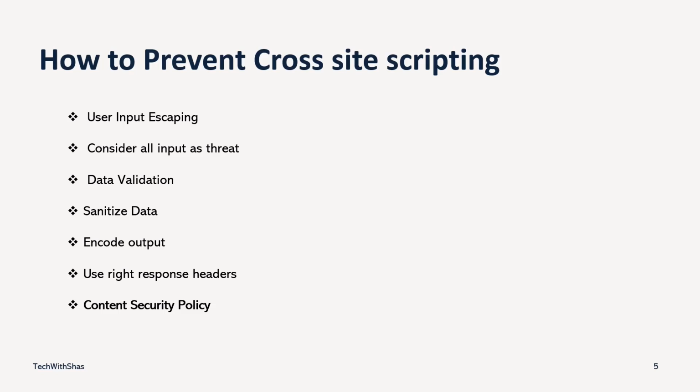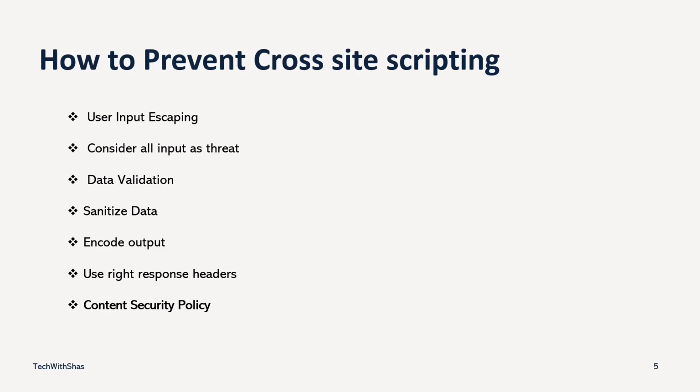Then, whatever output we want to render onto the UI, we should always encode it so that it's difficult for any hacker or attacker to modify. Then we can use the right response headers so that the browser understands what kind of output is being rendered in the application on the UI, so that the attacker is unable to inject malicious scripts. Okay, so these are the existing ways by which we can secure our applications.